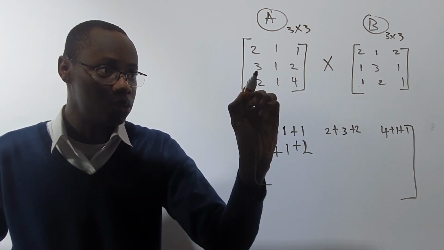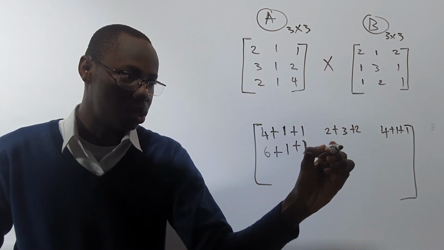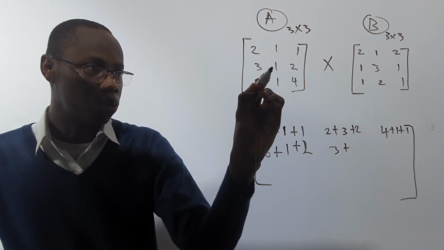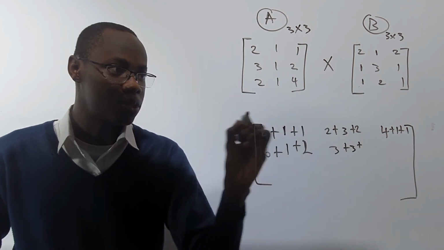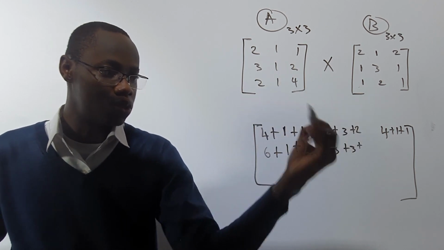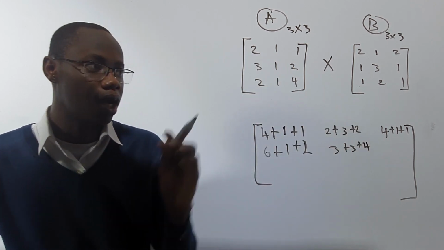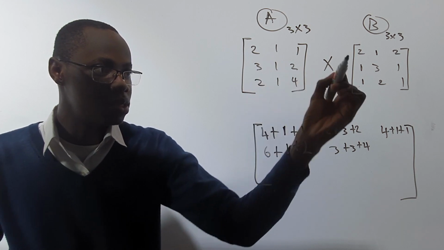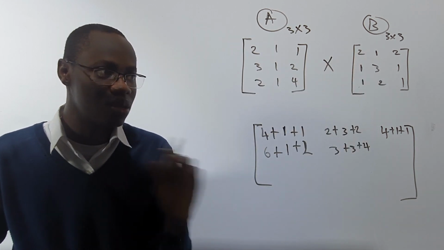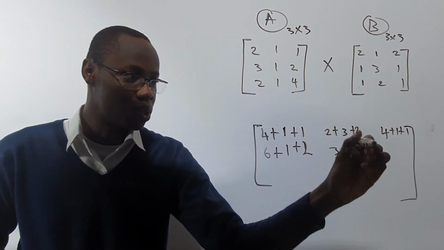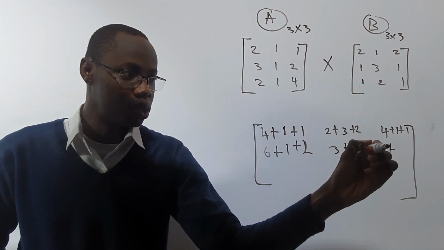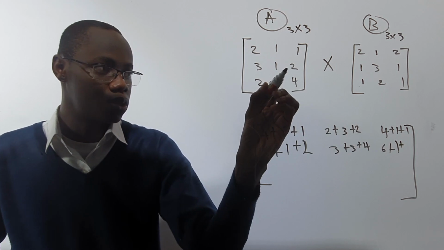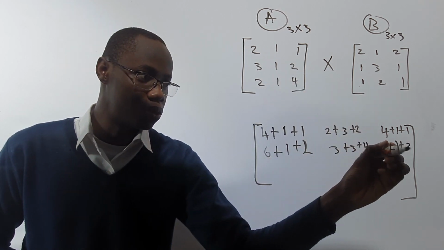So 3 times 1 is 3, plus 1 times 3 is 3, plus 2 times 2 is 4. And the last one, we multiply this same row by the last column, the same procedure. So 3 times 2 again is 6, plus 1 times 1 is 1, plus 2 times 1 is 2.